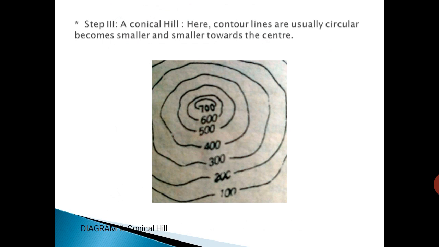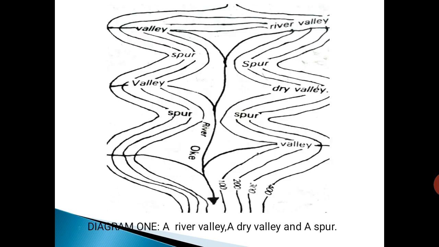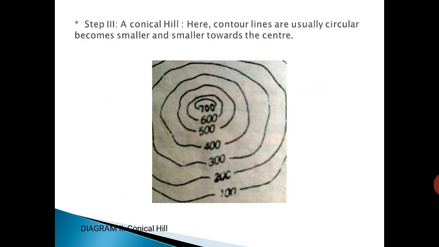We also talked about a conical hill, and that is hills that are arranged in a circular shape, closing in towards the center.